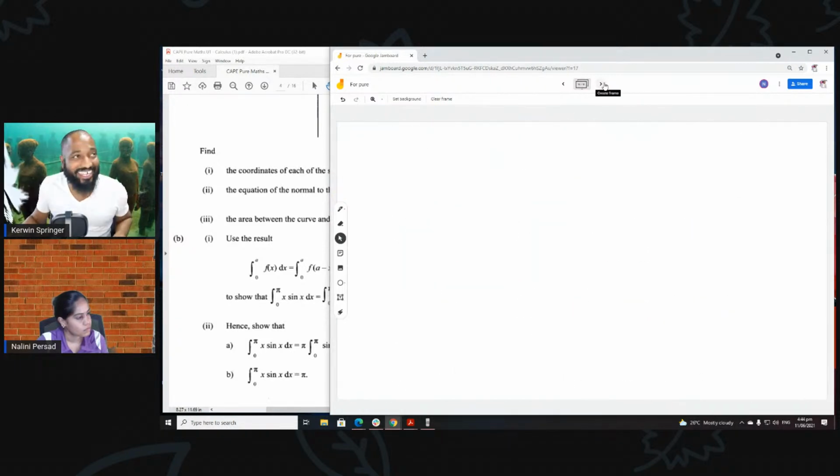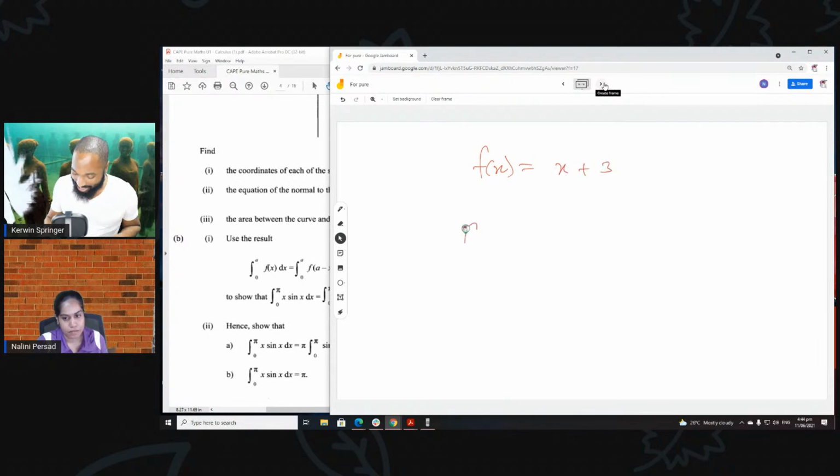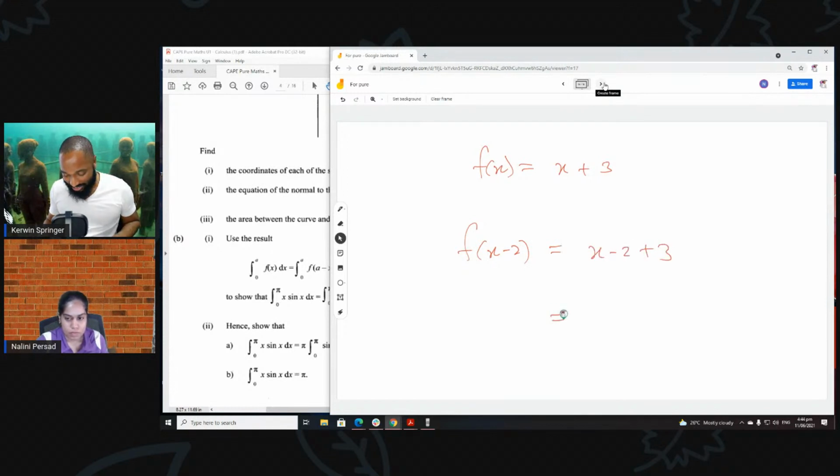If I have f of x equal to x plus 3, then f of x minus 2 is really equal to x minus 2 plus 3, which is x plus 1. You substitute the x here in this case. You all saw what I did?